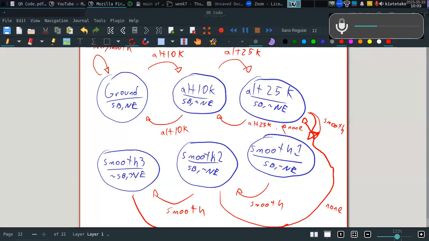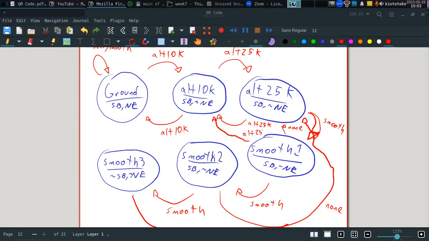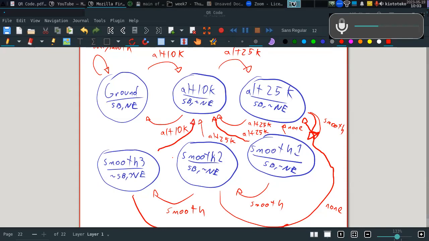But what happens, but also during these states, you are in the Alt 25K, and you can also receive the Alt 25K, no? Which means you're somehow descending, no? So in that case, you would go back to here. You receive the Alt 25K. And the Alt 25K.